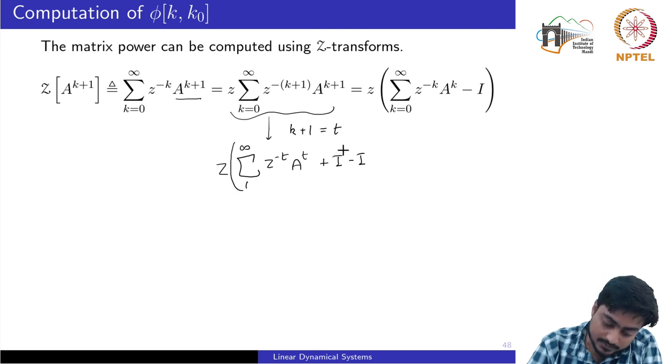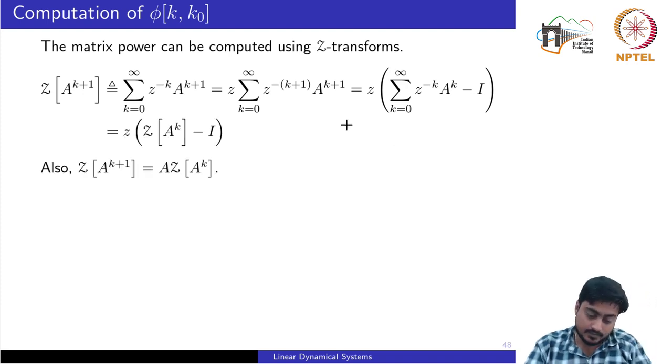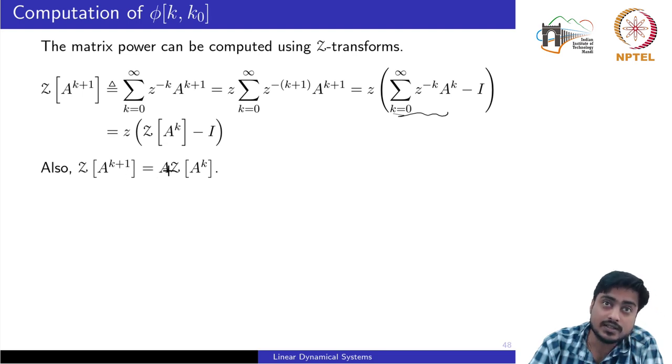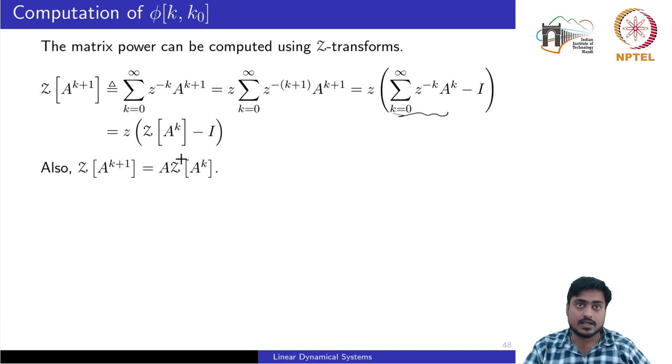Now this part I can write as this one, where I have changed the lower limit of the summation from 1 to 0. So this summation is k is equal to 0 to infinity, the rest of the part would remain the same, minus I into z. So I can write this expression as z times the Z transform of A to the power k, minus I. Also we know that the Z transform of A to the power k plus 1 I can write like this, because A is a constant, so I can take the A outside of the transform.